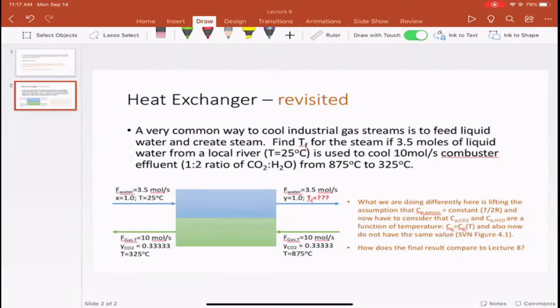And we're doing that by taking water from a river that we just want to convert into steam using the heat of vaporization of water, and then to be able to expel that to the atmosphere.